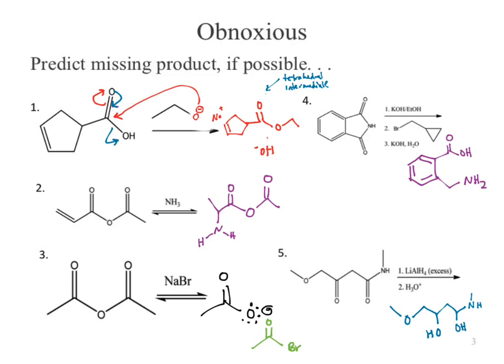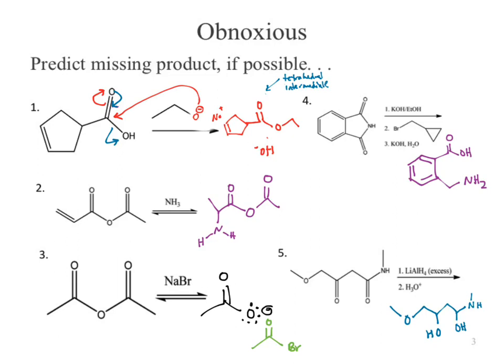Now we've done the nucleophilic addition and the nucleophilic elimination. Mike should be happy, but he's not. What did I kick out? A bad leaving group. Why is it a bad leaving group? It's charged. Okay, so charge is usually a bad thing.